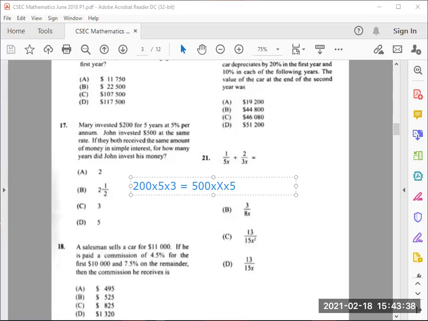Of course, you're going to divide both of them by 100, and you should get 2 years. All right.